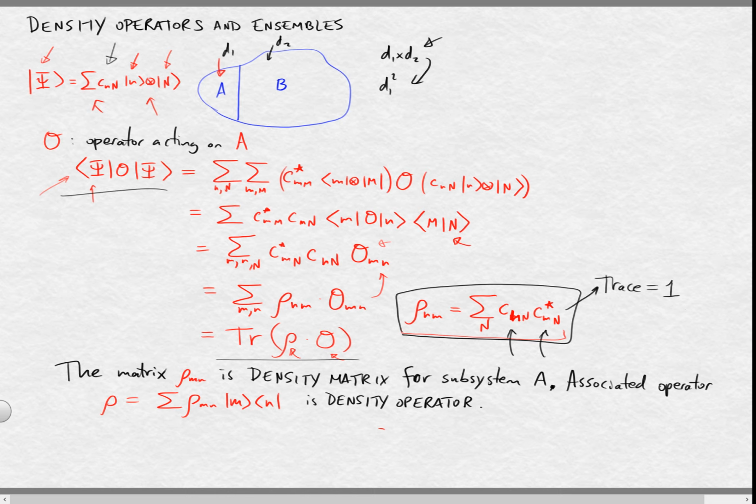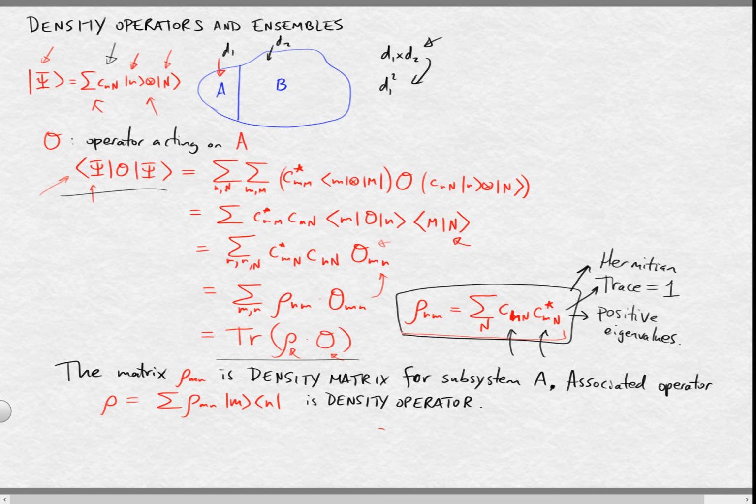And furthermore, it's not hard to show that all of the eigenvalues of this operator have to be positive. Okay, so this is a special kind of matrix. It's Hermitian, trace 1, and all the eigenvalues are positive. All of those things are straightforward to show from the definition.